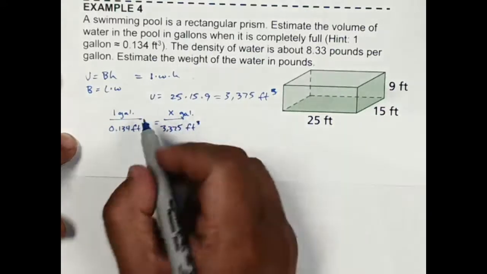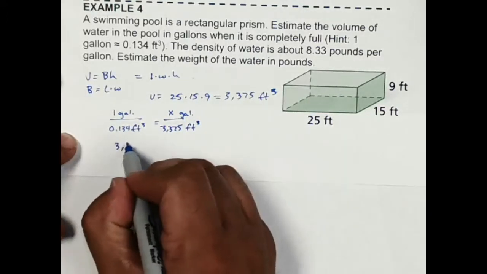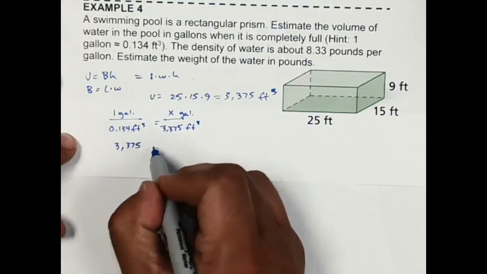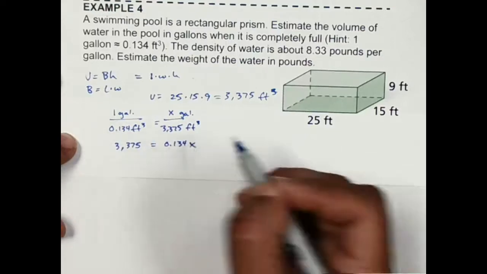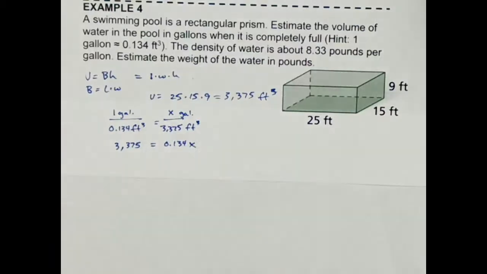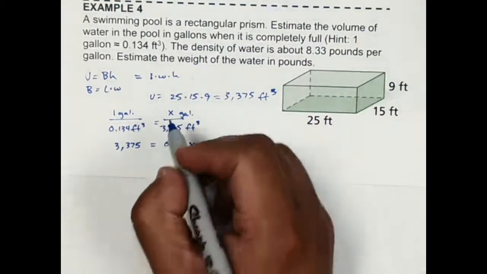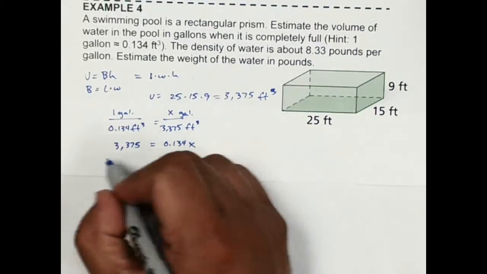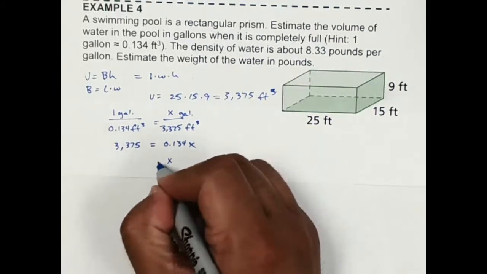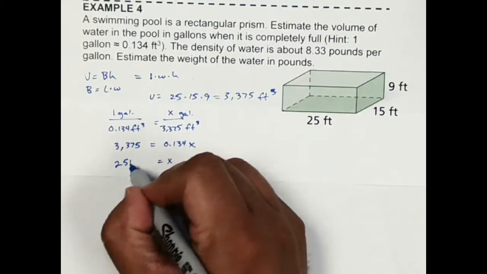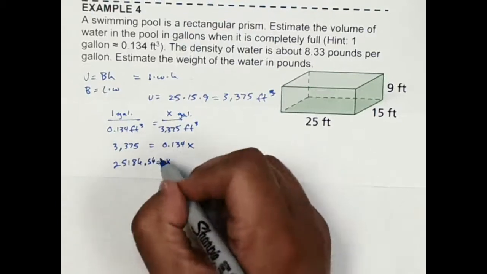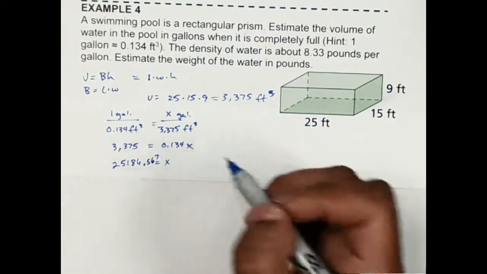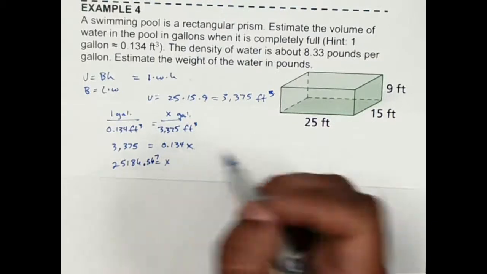Remember my ratios, and I would cross multiply, so I'd get 3,375 is equal to 0.134 times X. Let's do that in the calculator. When I cross multiply, I would have to divide here. That gives me that X is going to be 25186.567. We go to the nearest thousandth.